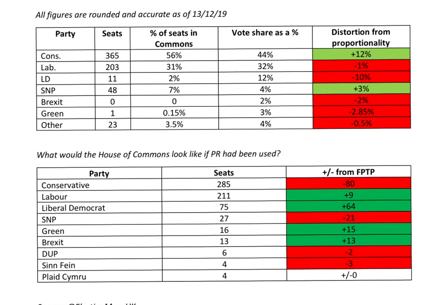I don't imagine Labour, Lib Dem, the SNP and the Green Party would have had anything to do with a Conservative-led coalition. So what we would have had is a crisis, because if PR had been used, the biggest party, the Conservatives, would not have formed a majority government. Even with sympathetic parties to the Brexit cause, they would not have had enough seats to form a majority.